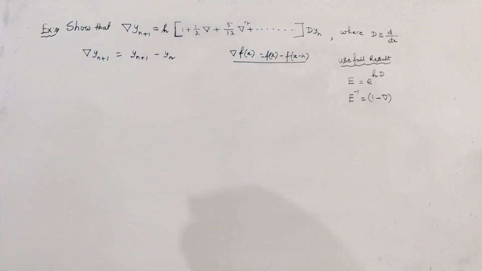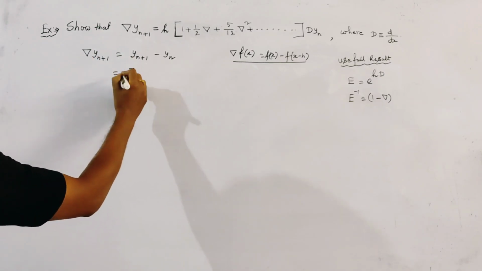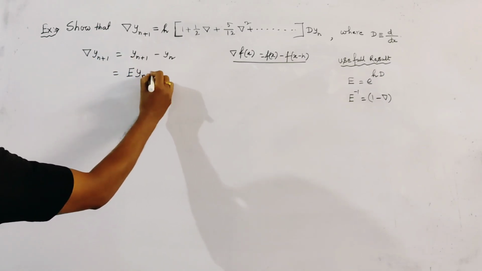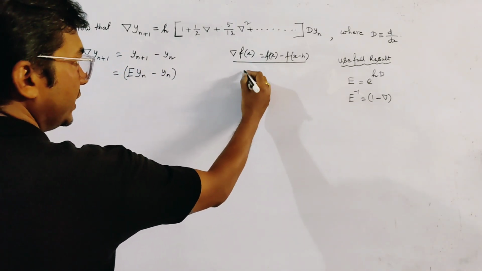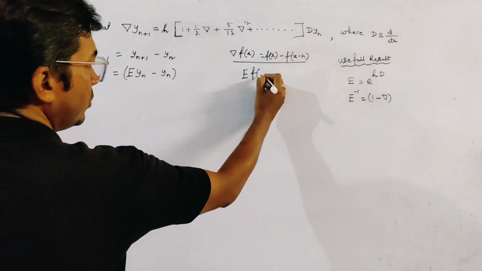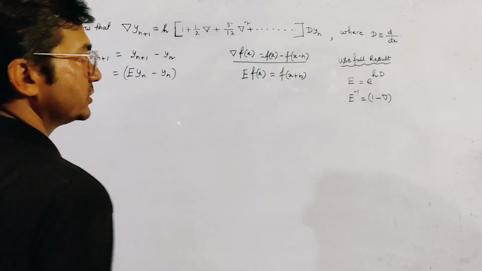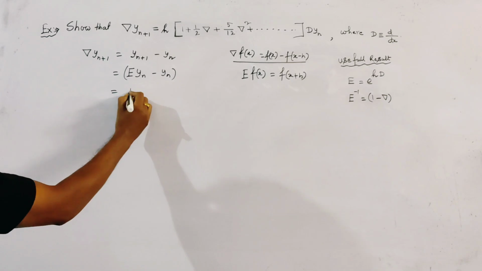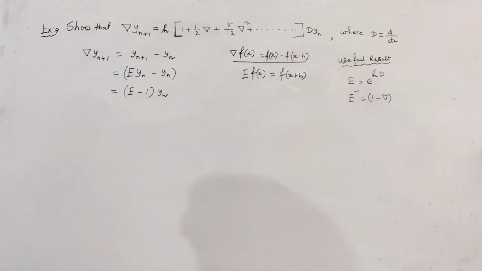Now we write this as E y_n minus y_n, because E is the shift operator and the definition of E is E f(x) = f(x + h). Now this is (E minus 1) y_n.